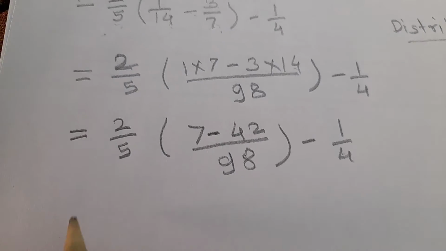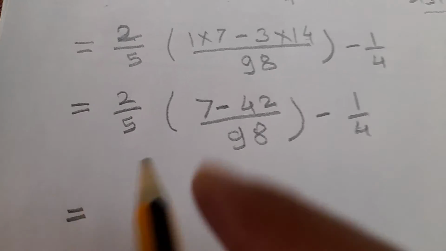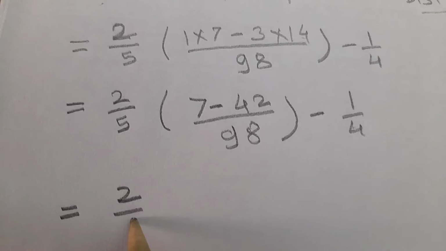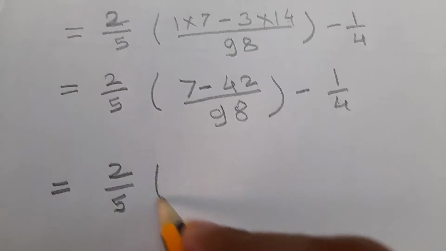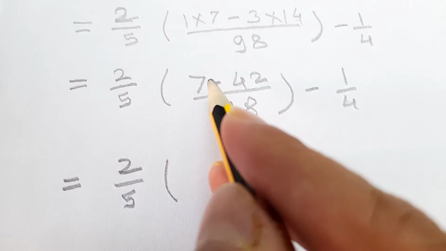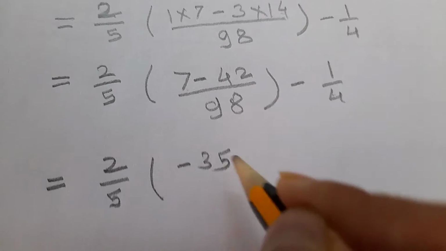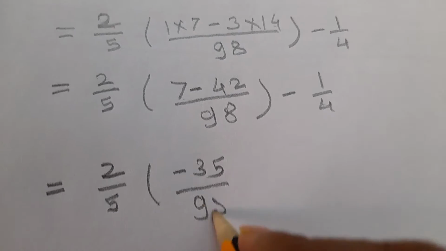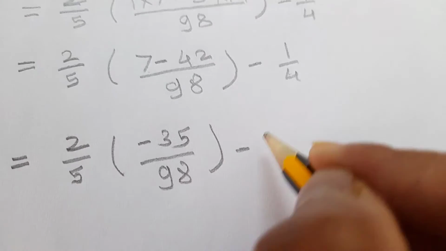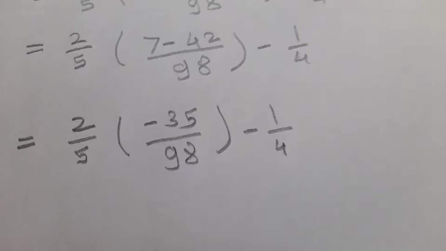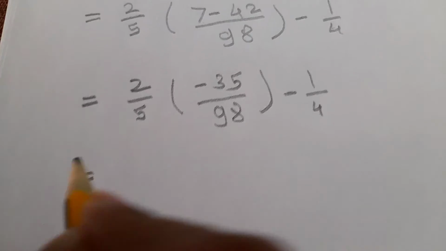Okay, let us solve. 2 upon 5. 7 minus 42 is minus 35 upon 98, minus 1 upon 4 as it is.